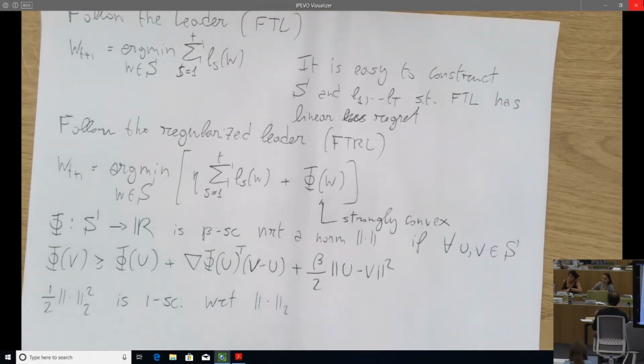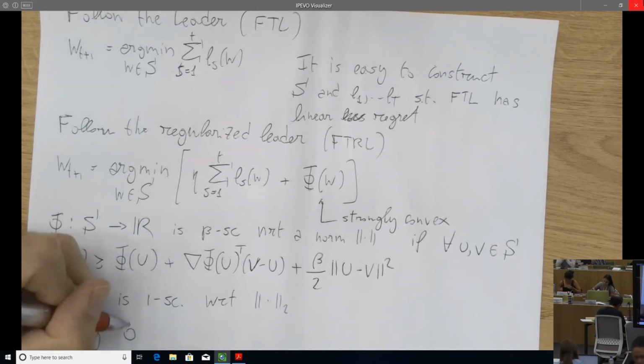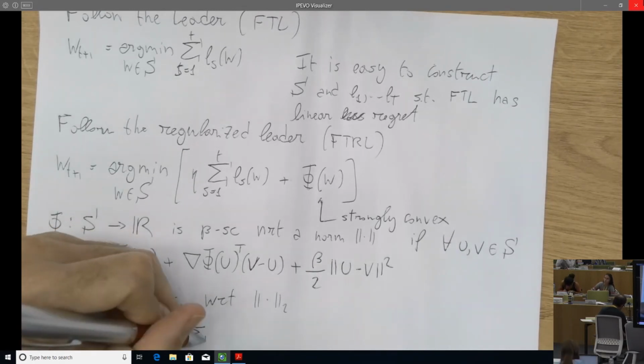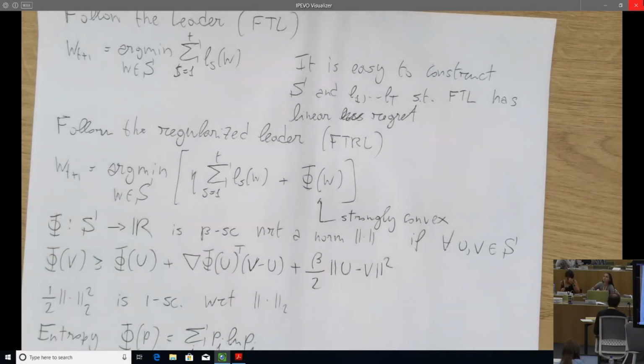Another more interesting thing that brings us to our hedge thing is that the entropy, so this is, let me write it as phi of p equals sum over i of p_i ln p_i. So this is minus the entropy, right?